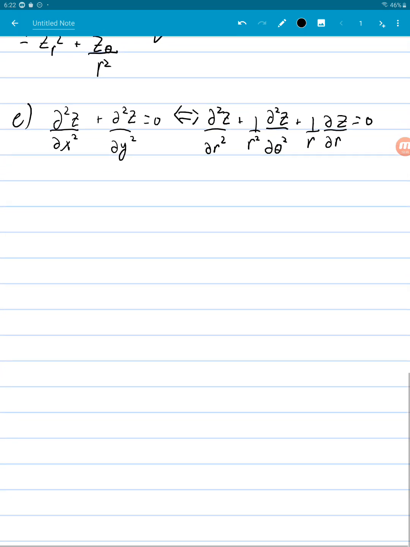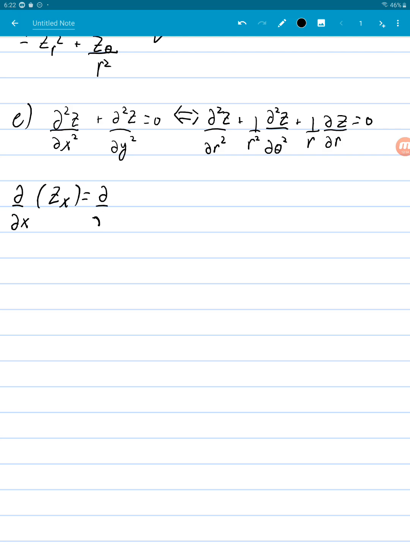So, first of all, we need to try to find the second derivative of z with respect to x. We want d by dx of our already known zx.